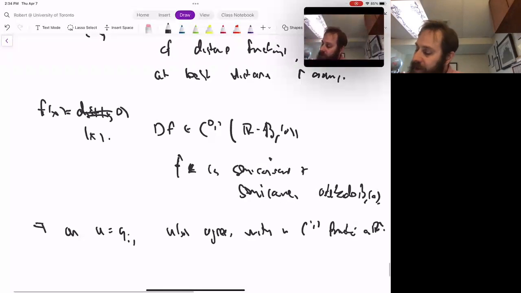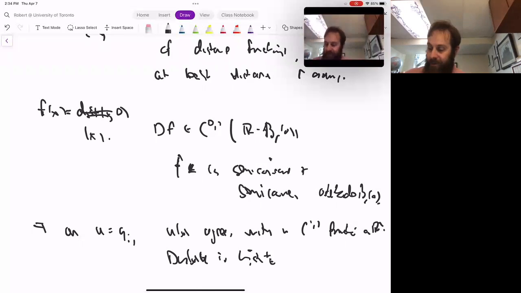And so that means in particular, gradient u is Lipschitz. And gradient u points along the rays. So the ray directions vary Lipschitz continuously. So that's what allows us to build this Lipschitz change of variables.